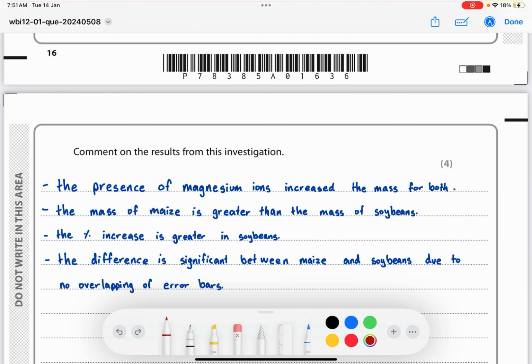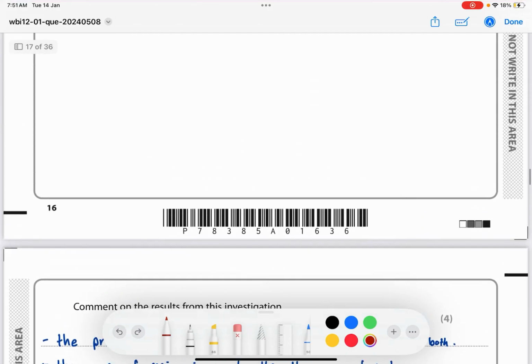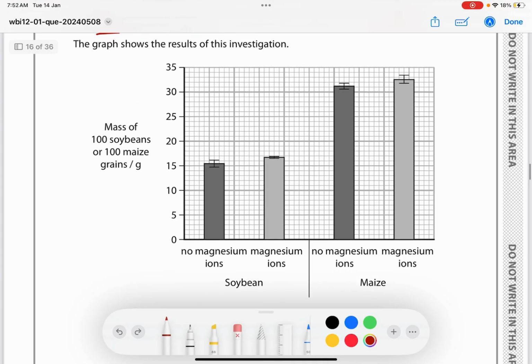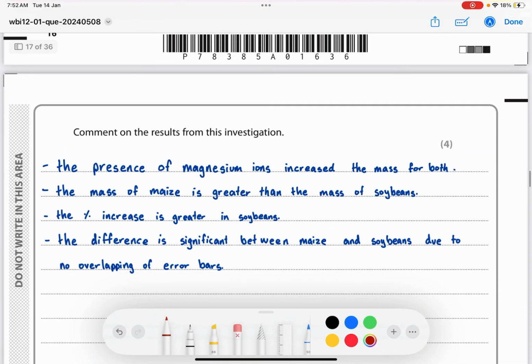And then the third is that the percentage increase is greater in soybeans, as you can see here. You can see we have a difference of about 2 blocks. Here we have a difference of, it's almost the same. Actually, no, it's just 1.5 blocks. So yeah, it was much greater in soybeans than it was in maize.